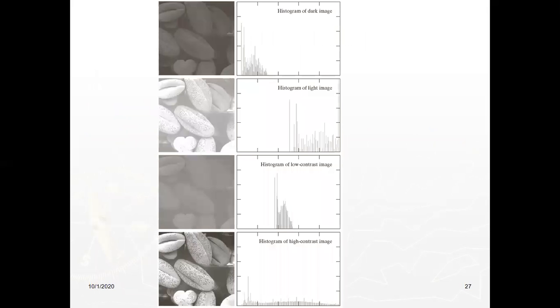So we have here the image and its histogram. You can see that this image is more black, so the histogram is concentrated on the left hand side of the graph.